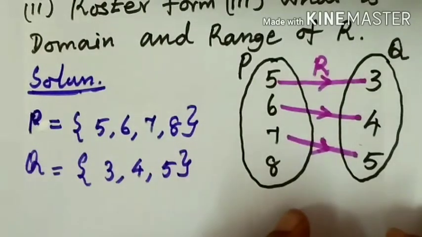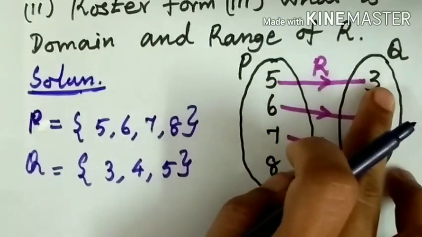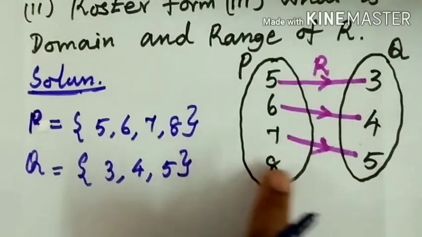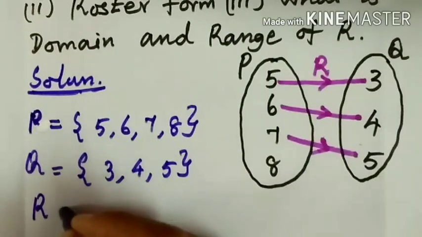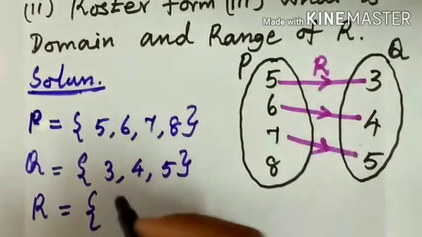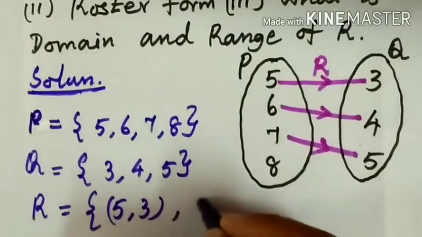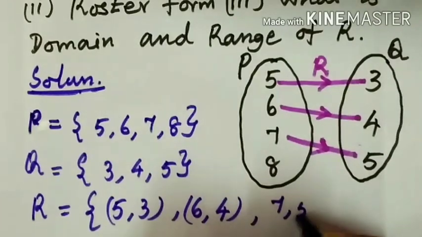Then relations are also there. See, 5 related to 3, 6 related to 4, 7 related to 5. Therefore, relation R is equal to {(5, 3), (6, 4), (7, 5)}.